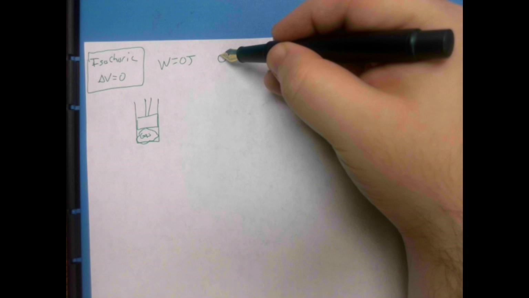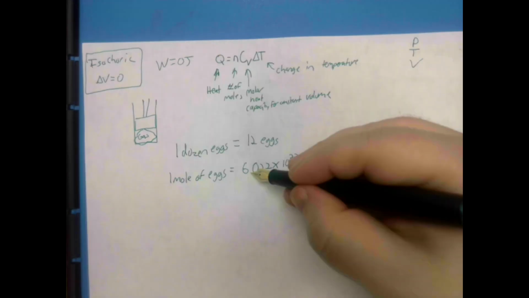If you have 1 mole of eggs, you have 6.022 times 10 to the 23 eggs. So, an insanely big number.